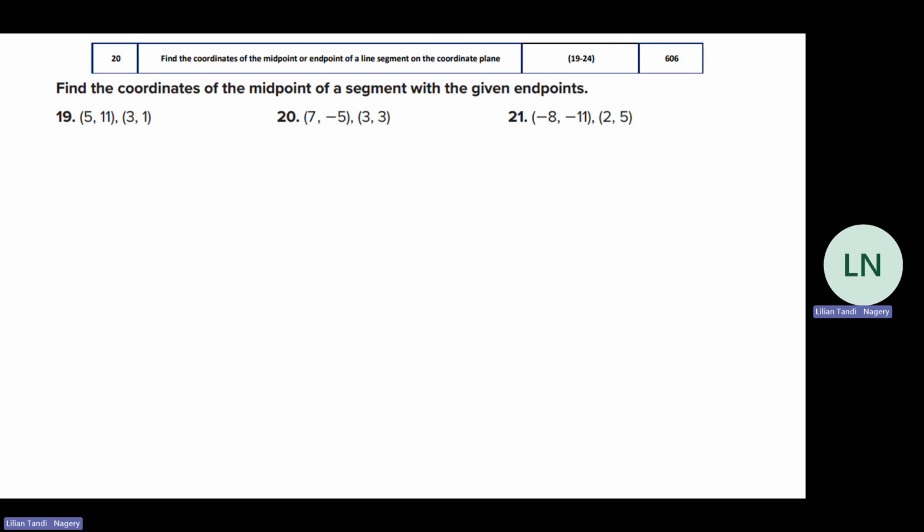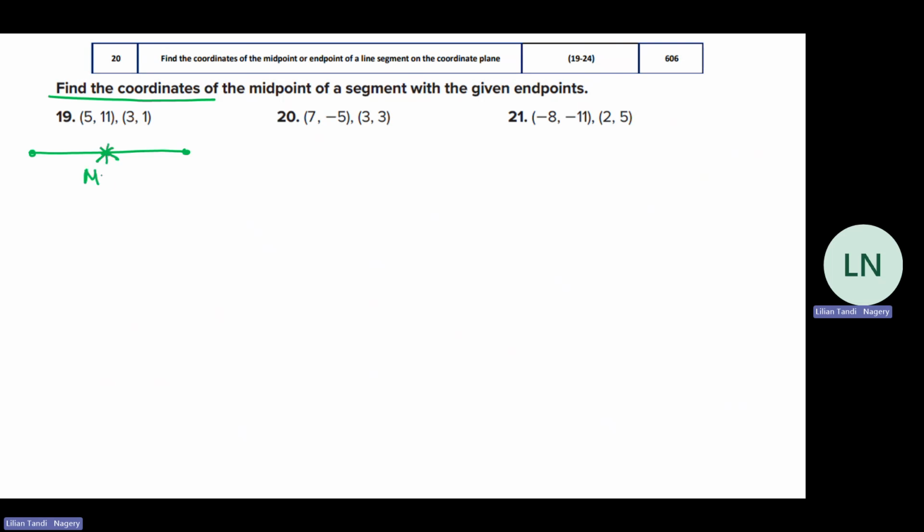Okay. This question is slightly different. Slightly. One, your answer must be points. How do I know my answer must be a point? It says find the coordinates. Then it says here, find the coordinates of the midpoint of a segment with given endpoints. So you have a line, you have a dot here and a dot here. You want to find this dot.